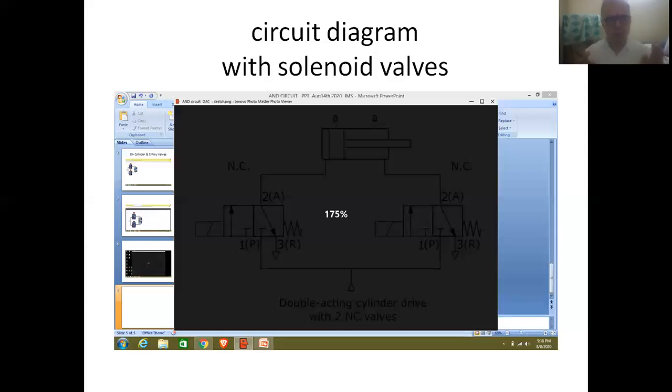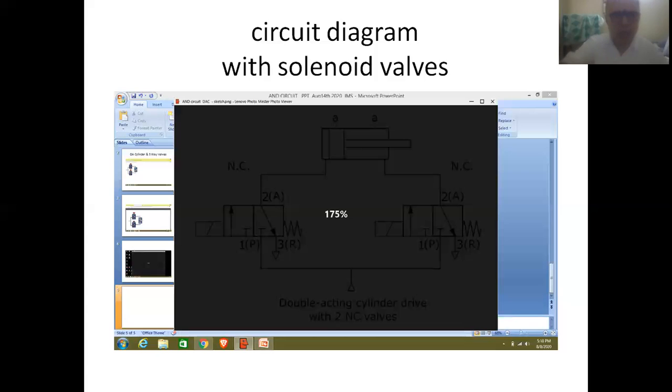Therefore they are referred to as three-way valves. And the solenoid is used for operating these valves. That's why they are referred to as three-way solenoid valves. So friends, this is the arrangement of valves used for controlling the action of this double acting cylinder.